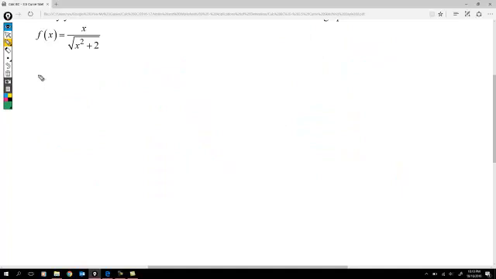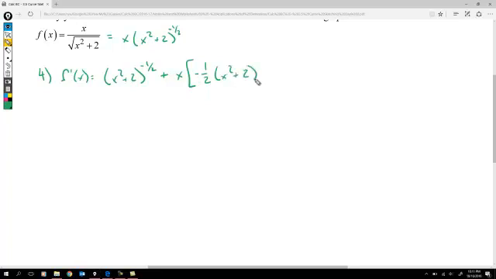Alright, for step 4, I want to know the intervals where my function is increasing and decreasing. I have to find my first derivative. So I'm going to rewrite this as a product of 2 functions, and let's take the derivative. I have to use the product rule. So I'll end up with x squared plus 2 to the negative 1/2, plus x times negative 1/2 times x squared plus 2 to the negative 3/2 times 2x.